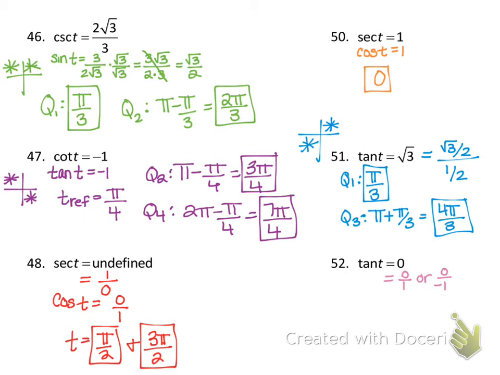So sine is 0 at 0, or 0 degrees, and then it's also 0 at pi. So when you do sine divided by cosine, that's going to give you the 0 over 1 and -1.